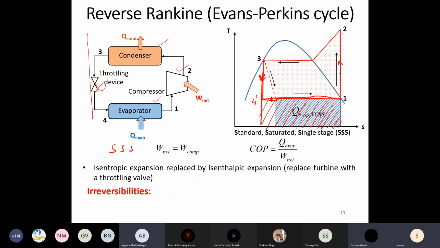Can anyone tell me? So what I am telling is H1 minus H4 prime is equal to the area under this rectangle. 1, 4 prime, let's call this A and B. Can anyone tell me how this is obvious?